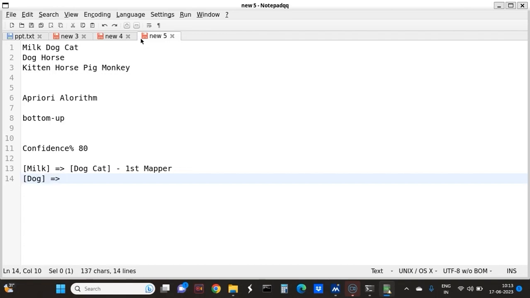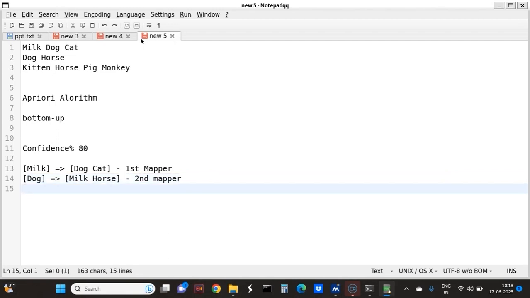So in dog, the first is milk cat and second is milk cat, and then it will go to the next one, that is dog horse. So again dog is in dog horse. So this is done by the second mapper.